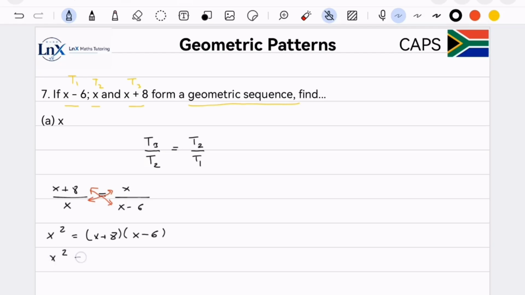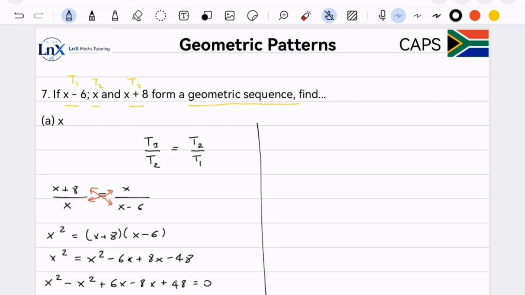So x squared equals x squared minus 6x plus 8x, and 8 multiplied by negative 6 will give us negative 48, right? And if we take everything to the left, we're going to have x squared minus x squared, positive 6x, negative 8x, then positive 48 equals 0.